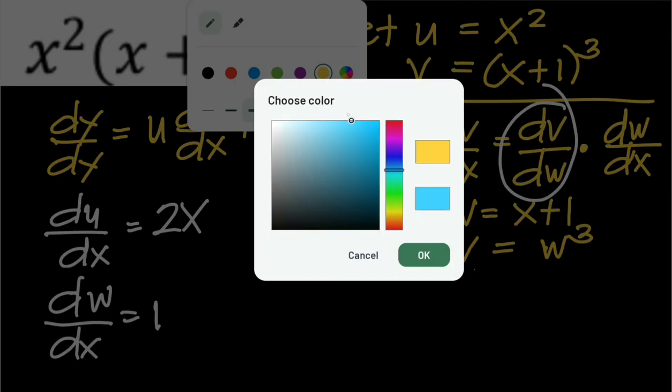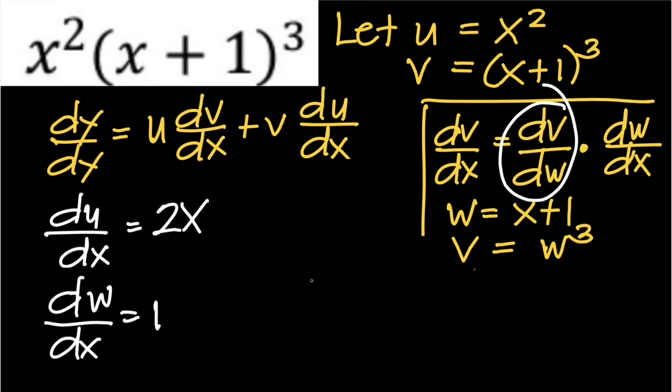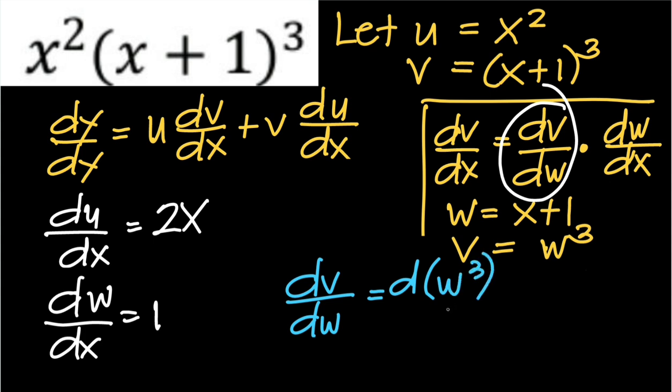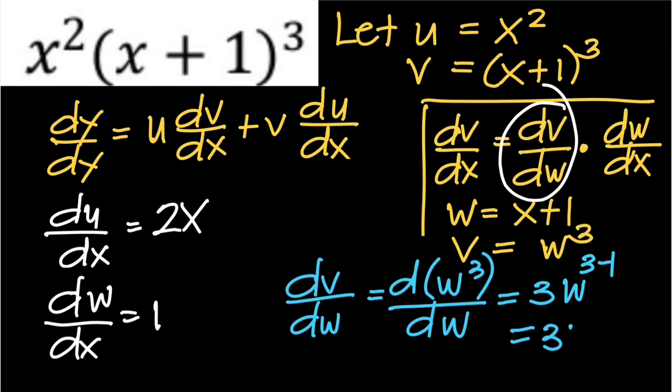Then dv over dw is just equal to the derivative of w cubed with respect to w. The derivative of w cubed is just equal to 3 times w to the power of 3 minus 1, and this is just equal to 3 times w squared.